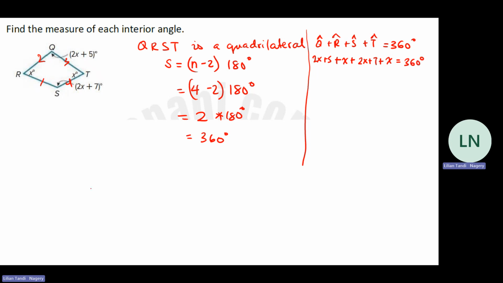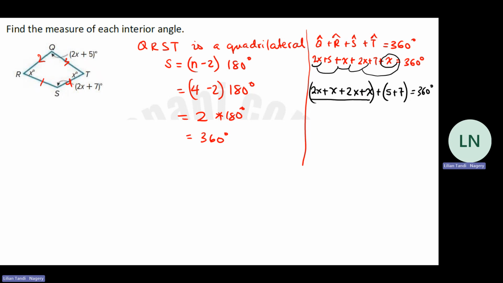Now, let's make friends. Our like terms are 2x and friends with x, and friends with positive 2x, which is also friends with positive x. So 2x plus x plus 2x plus x. So these are your x's plus your other numbers, which is 5 and 7. So positive 5 plus 7, and that should give us 360.